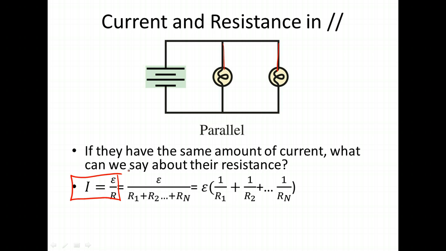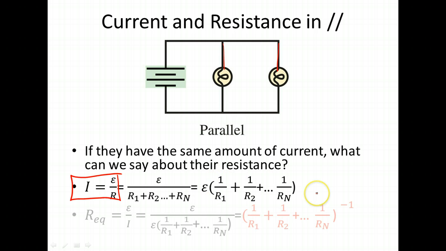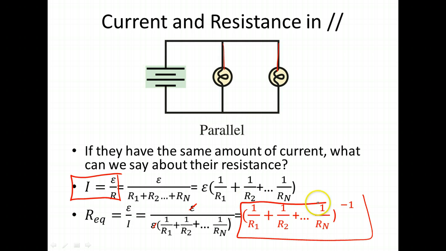But what we end up doing is we can factor out the EMF, the voltage of the battery, and I get equivalent resistance this way. If I want to rearrange this, which is E over I, then I end up with this big factored thing down here. The E's cancel, and then this is my equivalent resistance for those resistors.